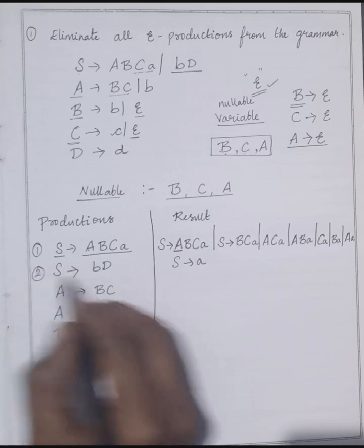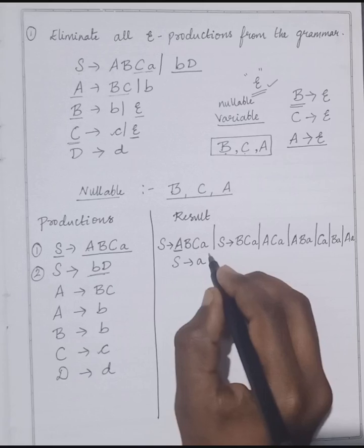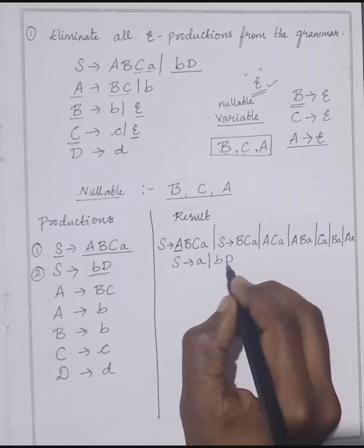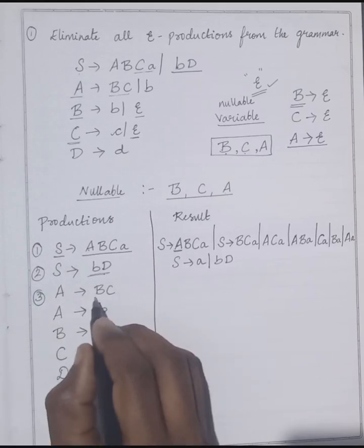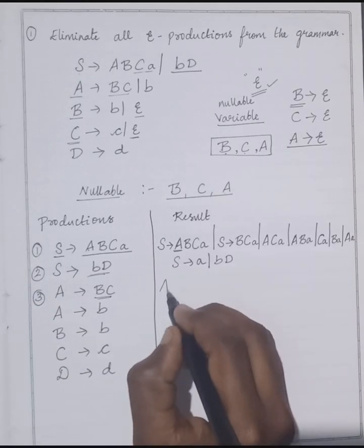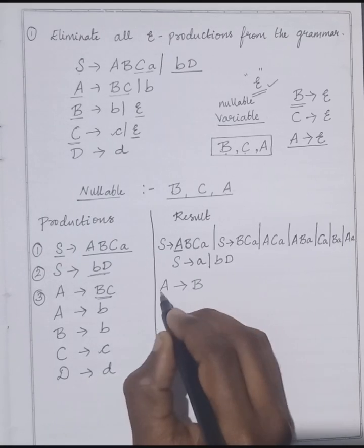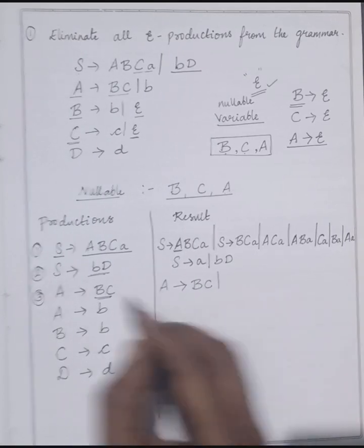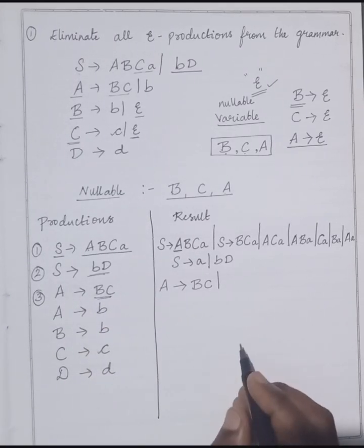Again we have S derives BD. D is not nullable, so we directly take BD as it is. Now for the third production, A derives BC. First we don't bother about any epsilon, so we take A derives BC as it is. If both became epsilon, we don't have any other option.